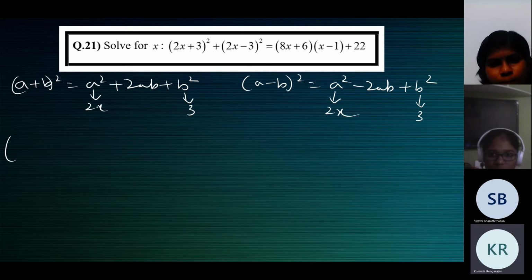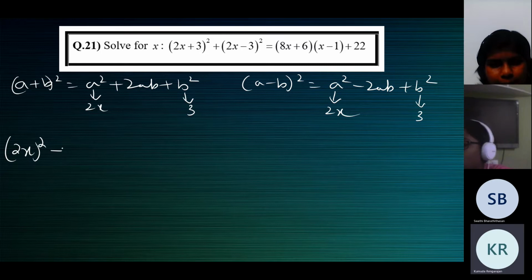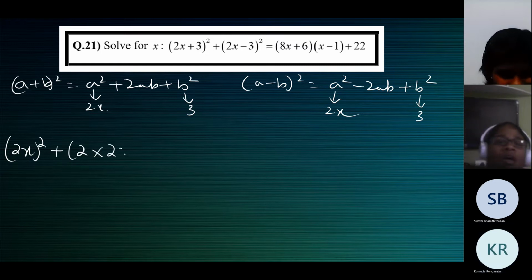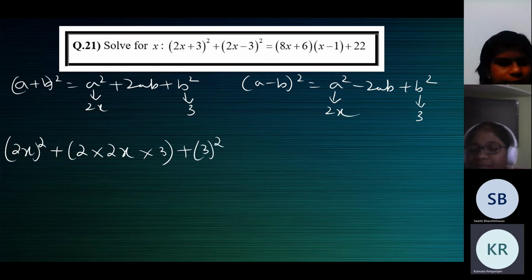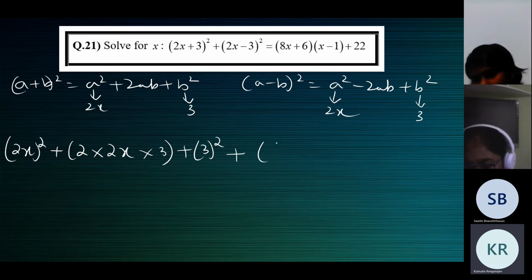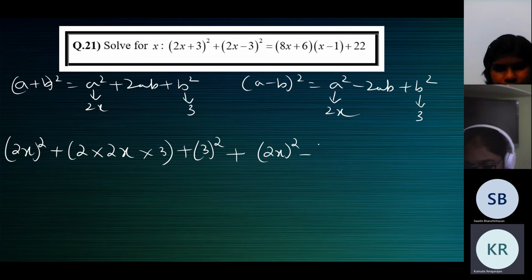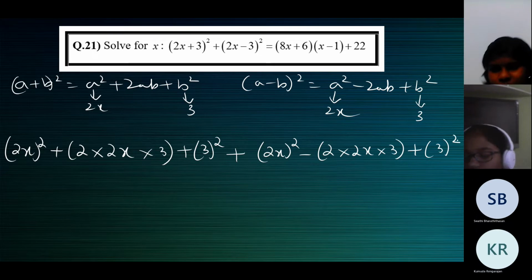A square, so (2x) the whole square, plus 2AB, that is 2 into 2x into 3, plus B square, 3 square. Then again you can see the connector plus, and (2x − 3) the whole square. What is that? A square minus 2AB, minus 2 into A into B, plus B square, plus 3 square.